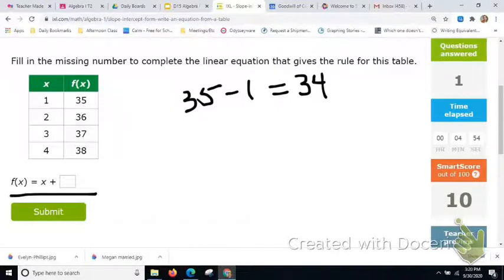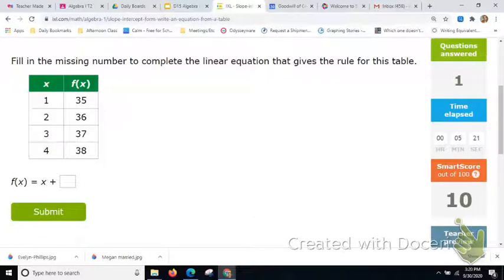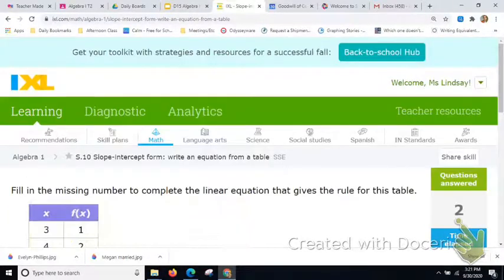And then I want to double check, would that work for the others? So if I type in 34, 1 plus 34 is 35, 2 plus 34 is 36, 3 plus 34 is 37. Yes, it works for all of them. So it should always work for all of them.